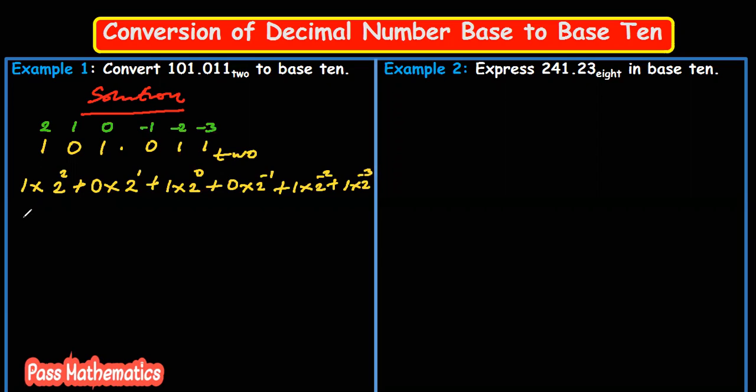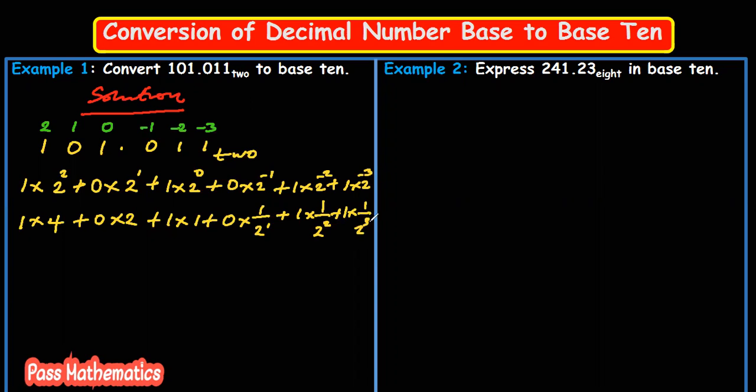Okay, so we have 1 times 2 raised to the power of 2 is 4, plus 0 times 2 raised to the power of 1 is 0, plus 1 times 1, anything raised to the power of 0 is 1. Then we have 0 times 2 raised to the power of -1. So we take the reciprocal, to clear the negative sign: plus 1 times 1 over 2 to the power of 2, then plus 1 times 1 over 2 to the power of 3 here.